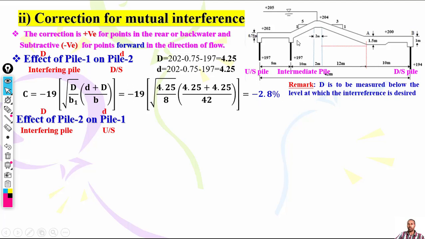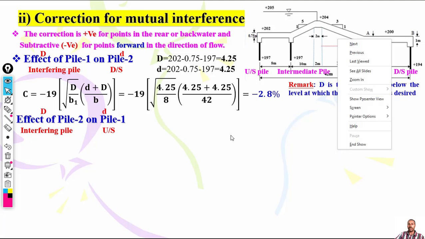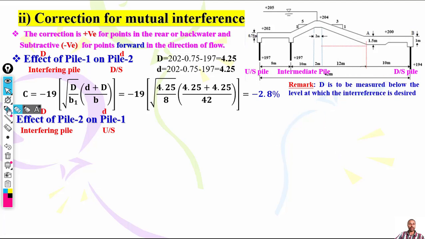And the effect of 2 on 1. So you go back now. The flow is in this direction, but you are considering the effect of this one on this one.